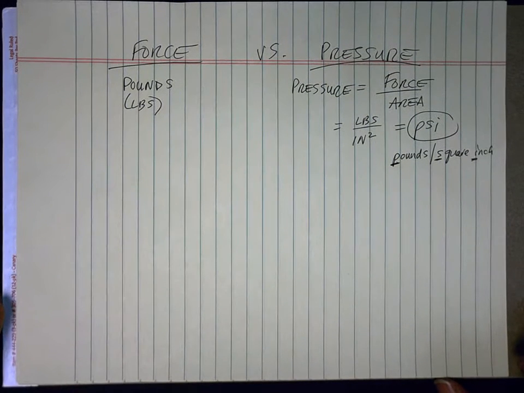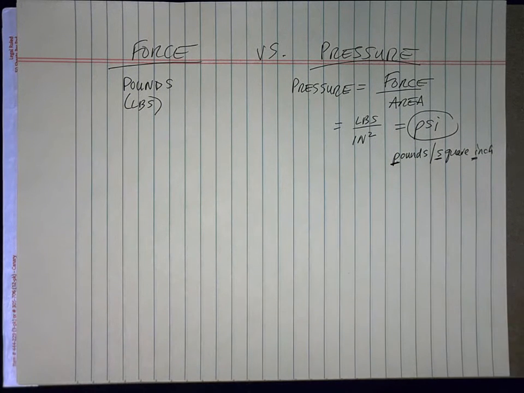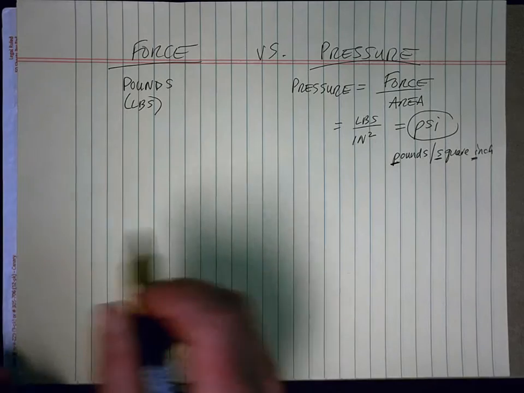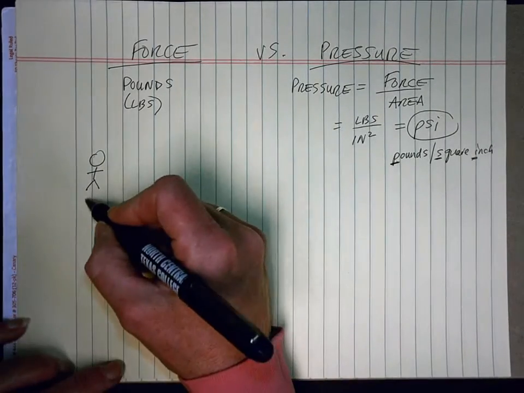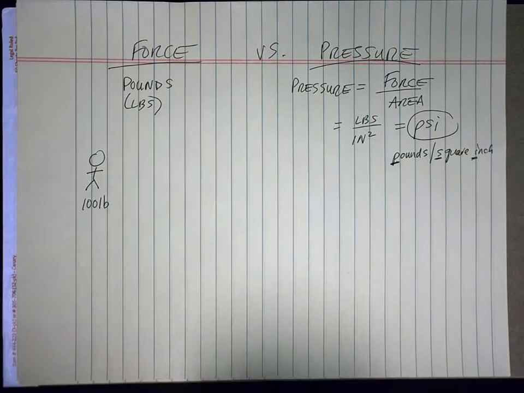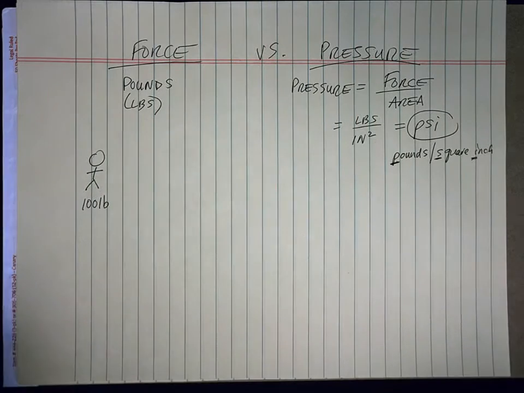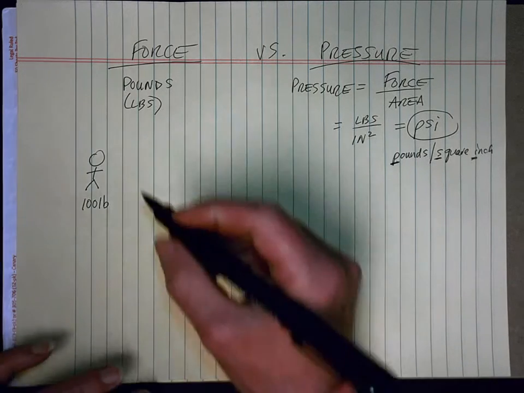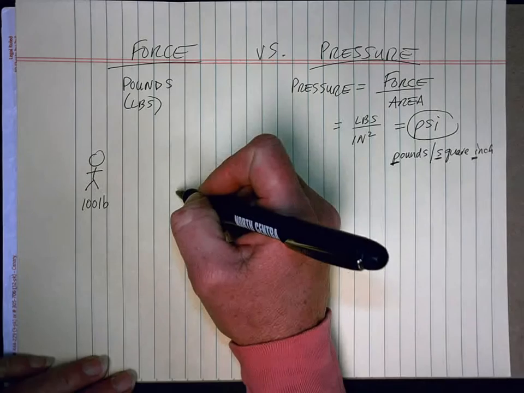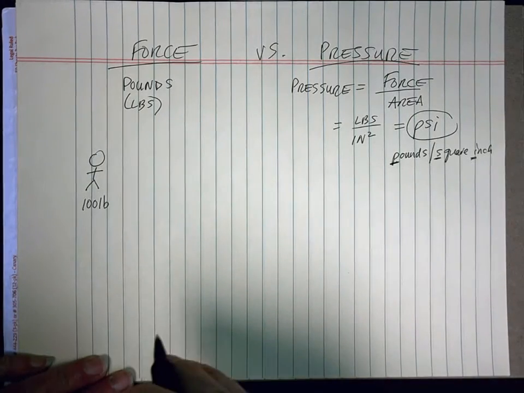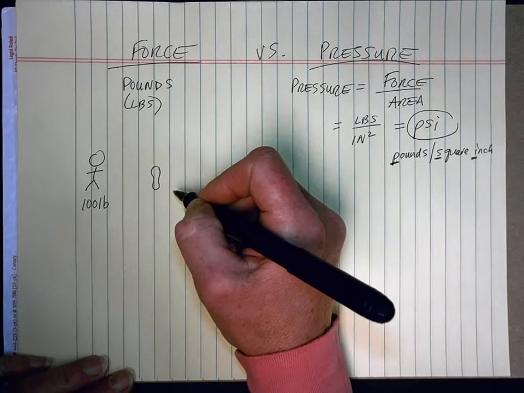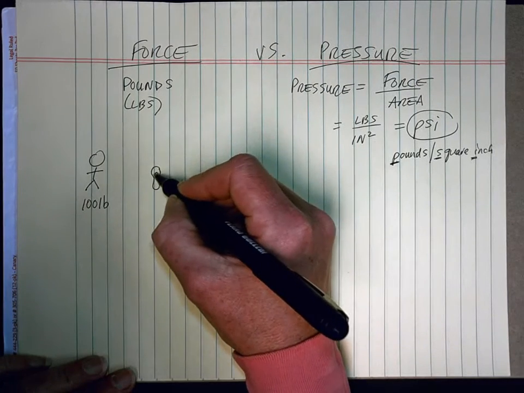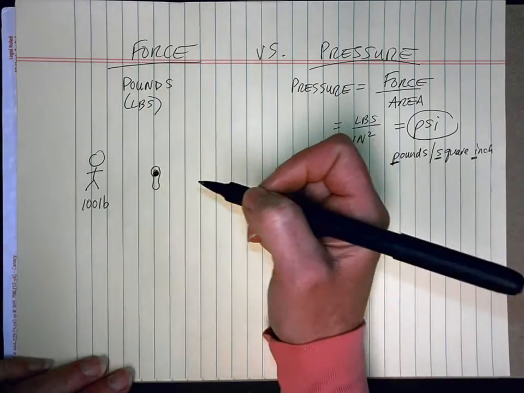Now, in comparing pressure and force, I think one of the best ways to visualize it is to go back and consider something that we're all familiar with. A person who weighs 100 pounds exerts 100 pounds of force on the ground when they stand. If you want to compare that to pressure, you can look at the effect of that force over a certain area. If you imagine someone stepping on your foot, they just step on the top part of your foot.